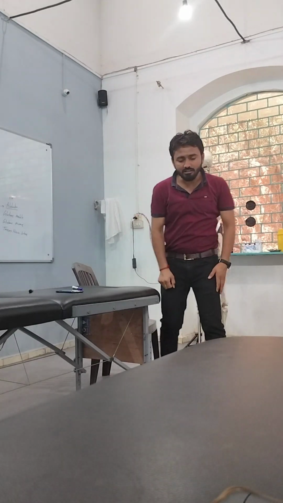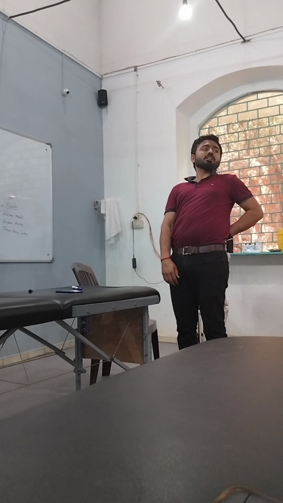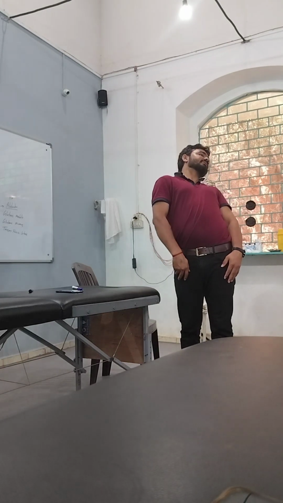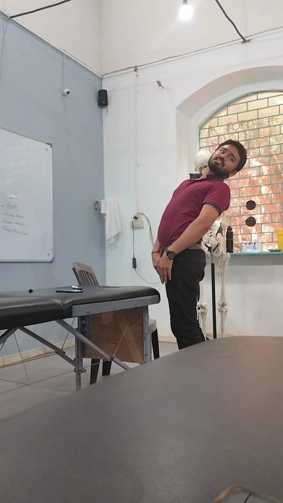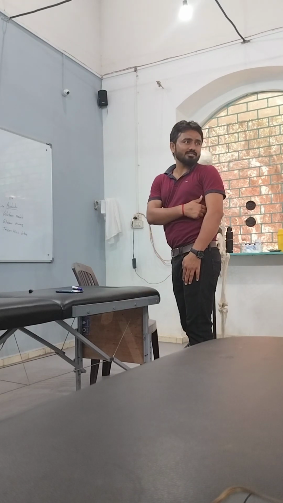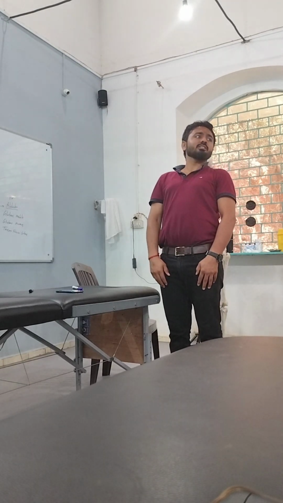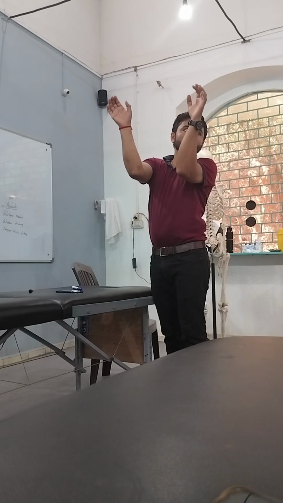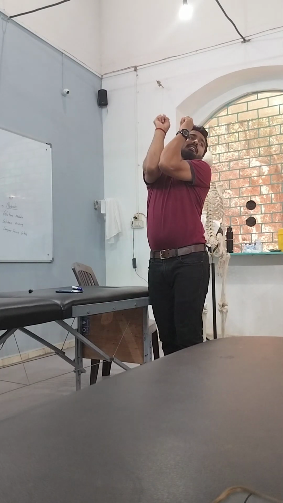When we are doing the extension, this is my main muscle, the longissimus thoracis. And when I am doing a little bit like this, this is my intercostal muscles. So when I am doing extension, this side muscle will help me to hold my body like this, and the center muscle will help to hold my body like this.